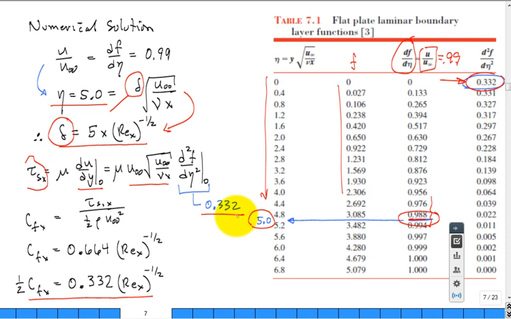So the local skin friction coefficient is this shear stress divided by 1/2 rho u infinity squared, which is twice that, or 1/2 c sub f of x is 0.332 times 1 over the square root of the Reynolds number. These are the big conclusions right here and right there. That's as close enough to an analytic solution for our boundary layer.